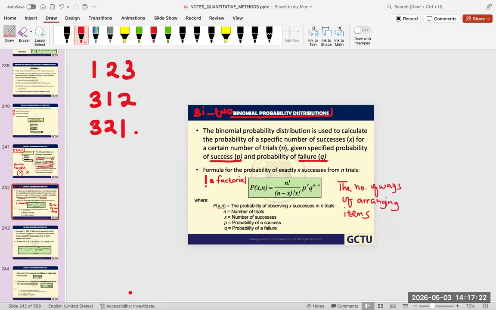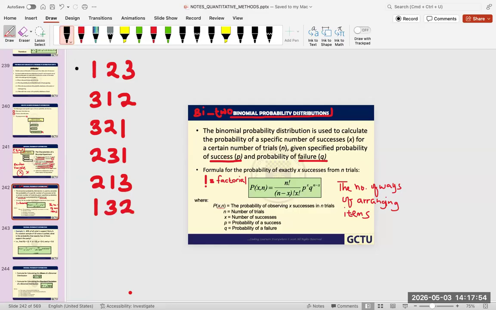It's the same item, but you are changing the arrangement. You can also change it again and make it 2, 3, 1. Or you can change it again and make it 2, 1, 3. Same items. You are just changing their positions. Or you can arrange it as 1, 3, 2.